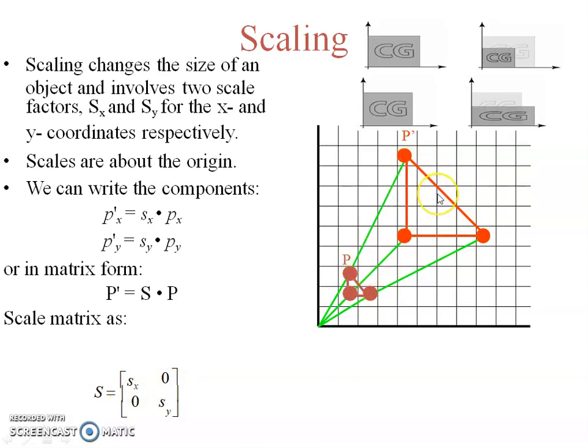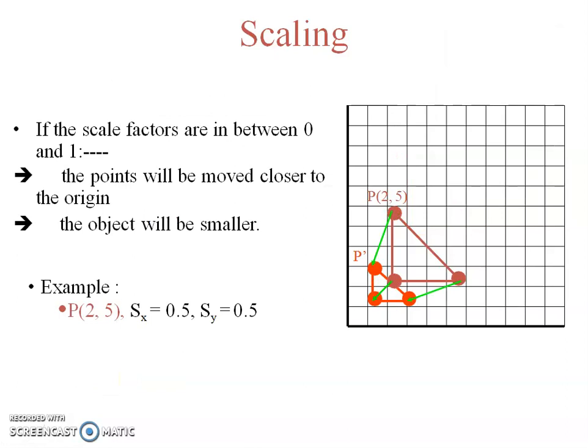This is enlarged. If the scaling factor is less than 1, it is moved towards the origin, and the output will be smaller than the input. If the scaling factor is greater than 1, then the output is bigger than the input object. If the scale factors are between 0 and 1, the point will be moved closer to the origin. The object will be smaller than the original one.